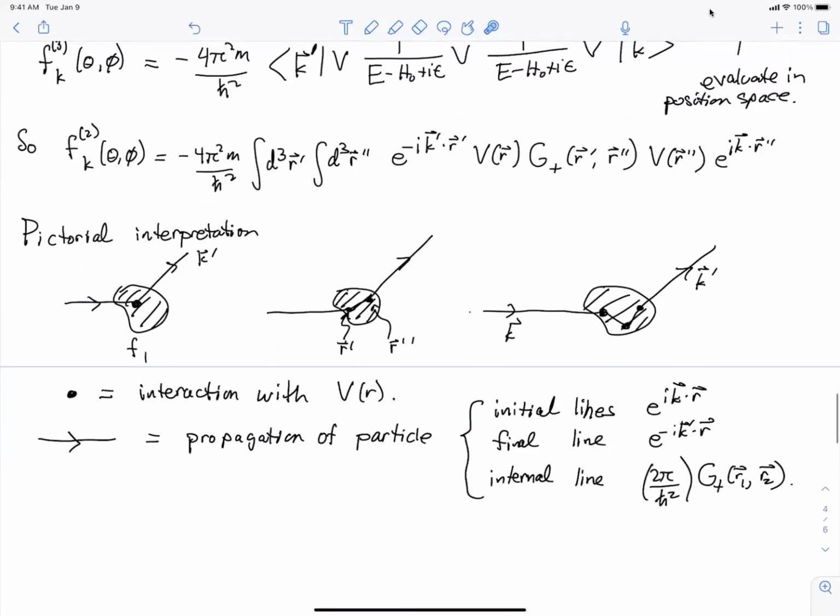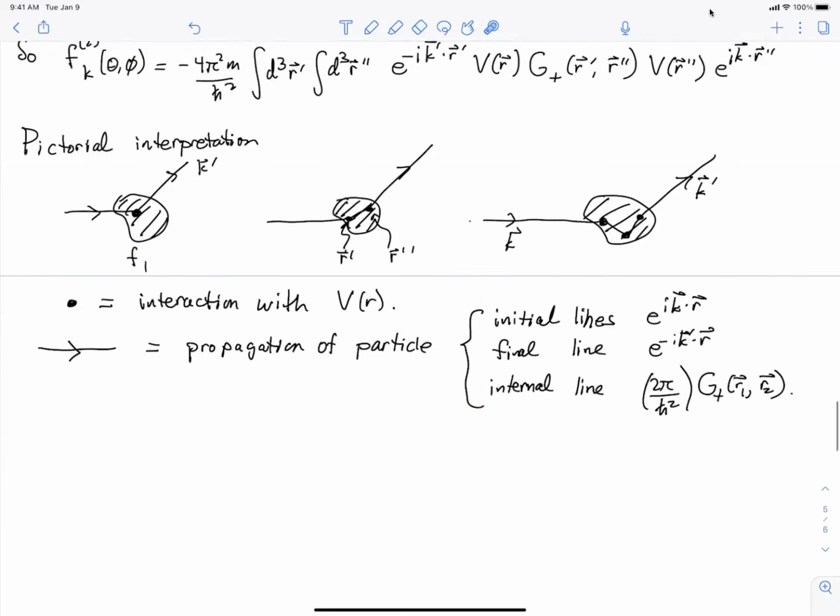That's basically what this is doing. And add up all those things, and in principle, that gives me the exact scattering amplitude, if I could somehow do this, summing up every possible picture in this way. Okay, so that's the Born series. That's the Born approximation taken beyond leading order.